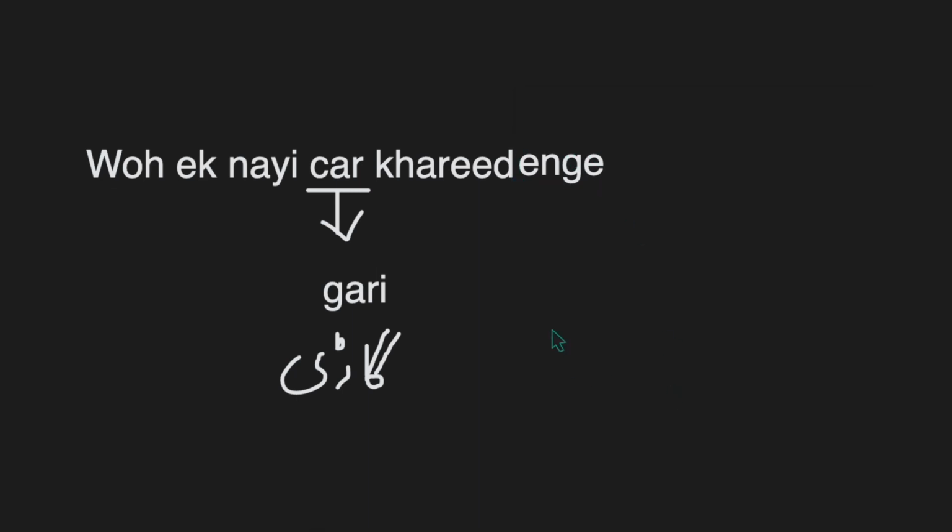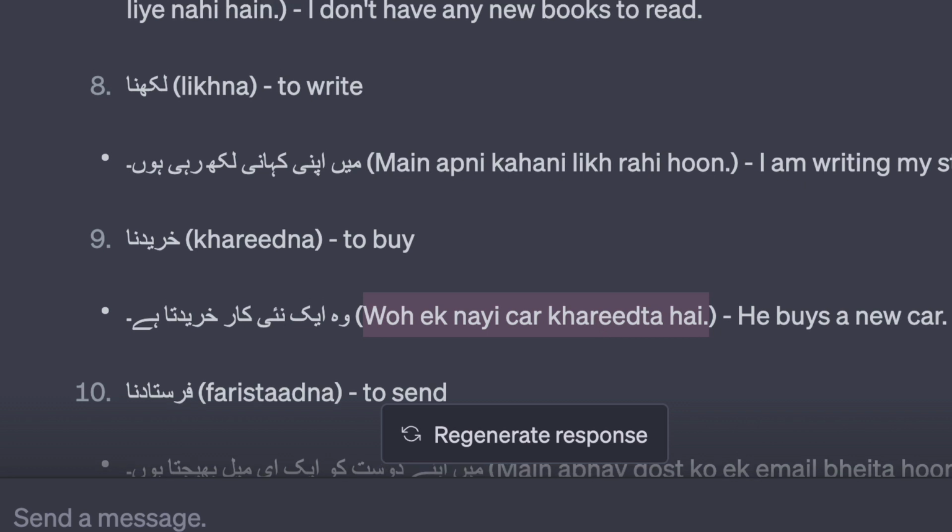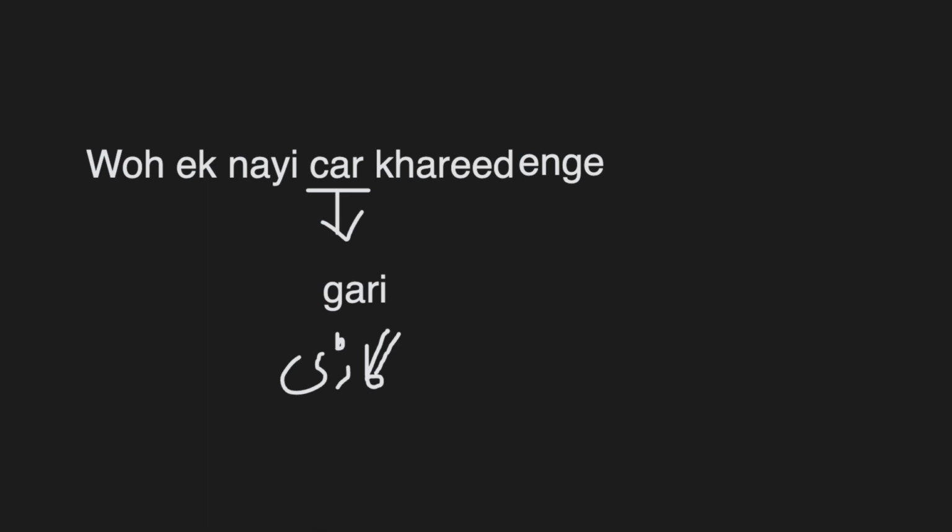That means he will buy a new car. This sounds a bit more appropriate than खरीदता है, because in today's economy nobody has the capacity to buy new cars. But this makes sense that he will buy a car, because this was implying that he buys, like this is his hobby or something, and this is some routine work. That is why I changed it to खरीदेंगे.